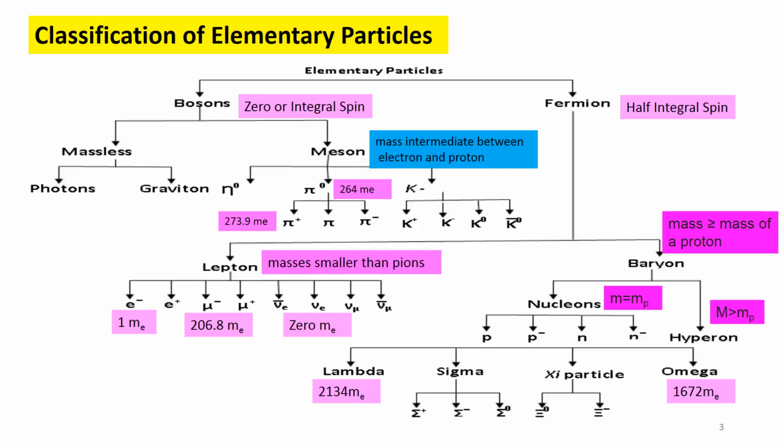Again, the k mesons are classified into four groups: k plus mesons, k minus mesons, k naught and the antiparticle of k naught mesons. This classification is based on the charge and the mass.